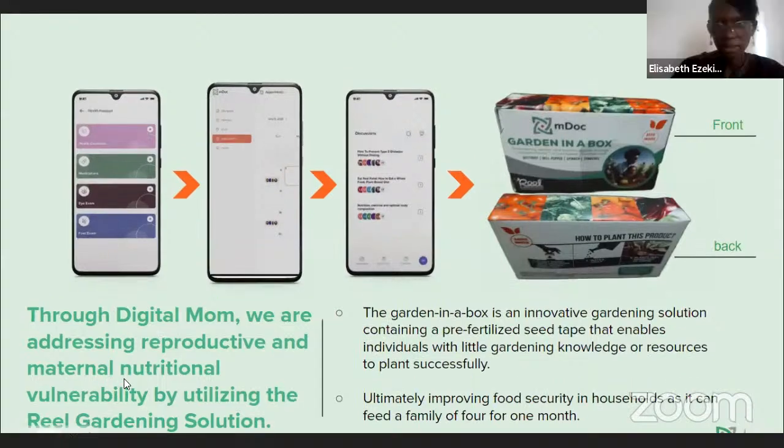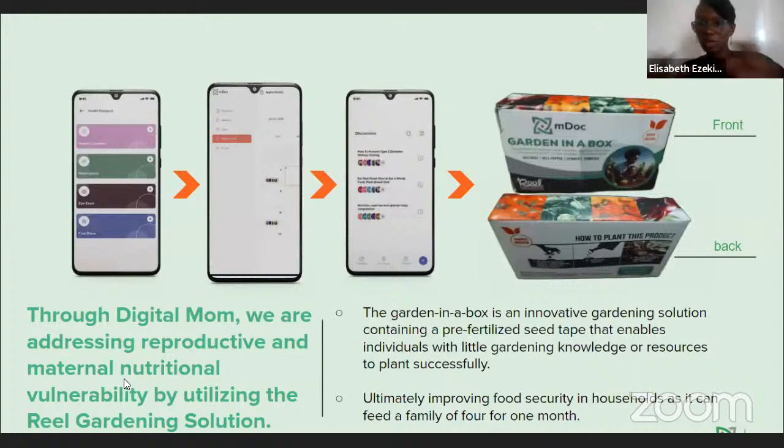So through the Digital Mom Project, we are addressing reproductive health, utilizing the Real Gardening solution. What's Real Gardening? Real Gardening is an innovative garden, an already pre-fertilized seed tape that helps everyone, whether you have gardening knowledge before or not. With the seed tape, you're able to plant vegetables successfully, even with recycled water.